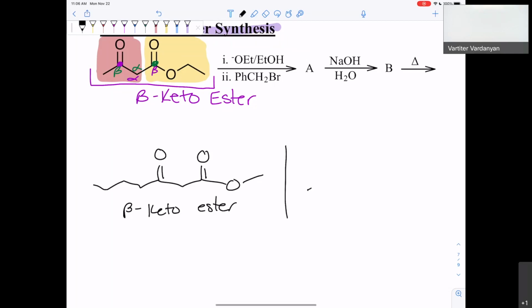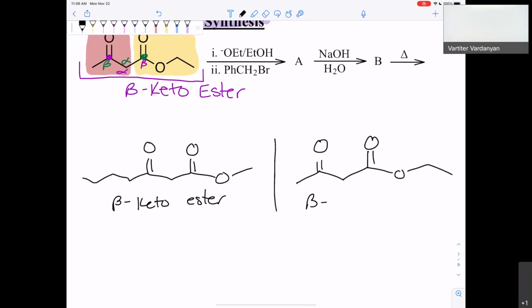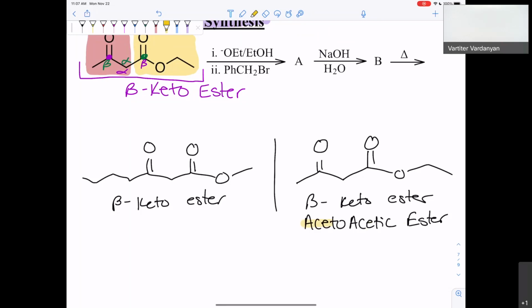Whereas specifically this molecule on the right, it is in fact a beta keto ester, but it's also an acetoacetic ester, and the best answer choice would be the most specific.